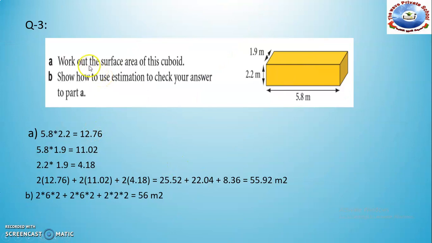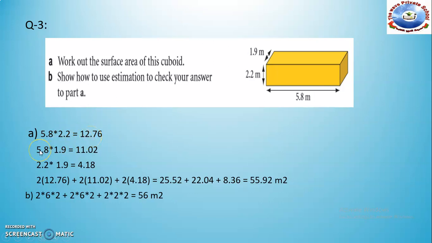Question number 3 is the same. Work out the surface area of this cuboid and show how to use estimation to check your answer in part A. So first of all, part A: length is 5.8, width is 2.2 and height is 1.9 meter. Length multiplied by width, 5.8 multiplied by 2.2, is equal to 12.76.